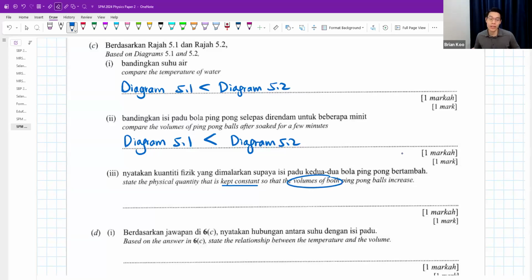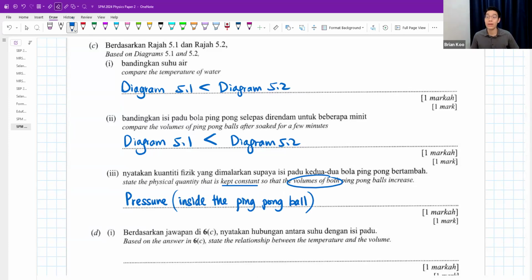ball can increase. Okay, the physical quantity that is the same. You can say the pressure. Yeah, the pressure inside the ping pong ball. Okay, what if you just wrote pressure?